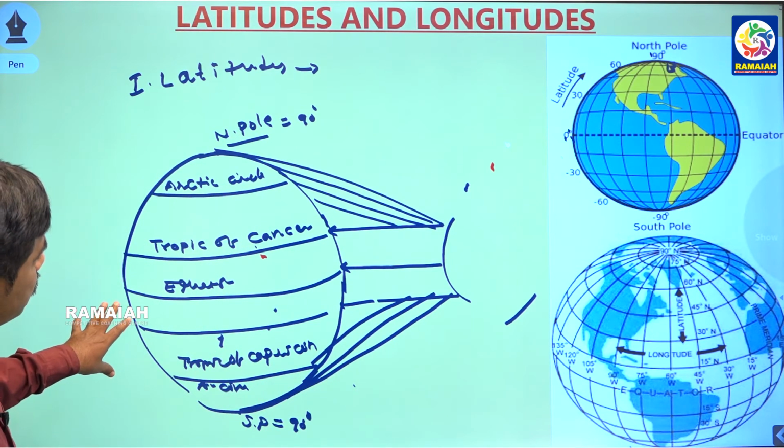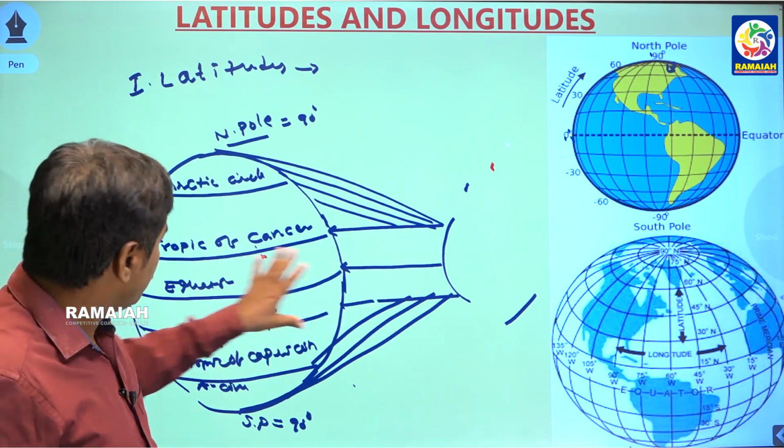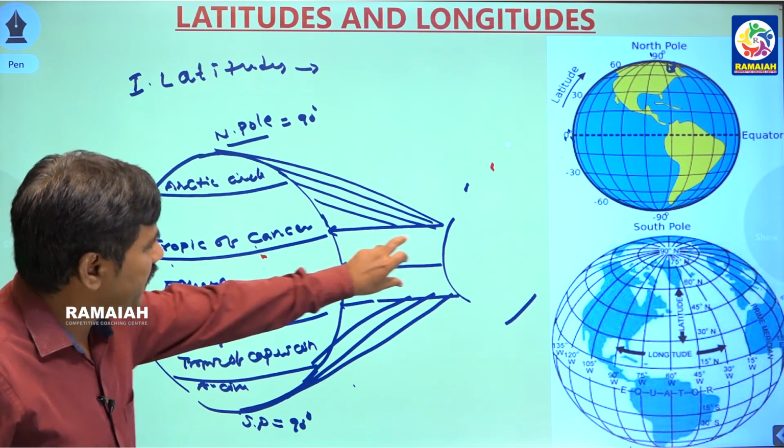Now you can observe that the area between them is very near to the sun compared to the upper part and lower part. Because of the Earth's bulge, this area is very near to the sun.